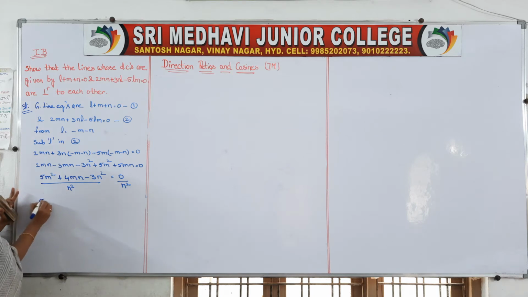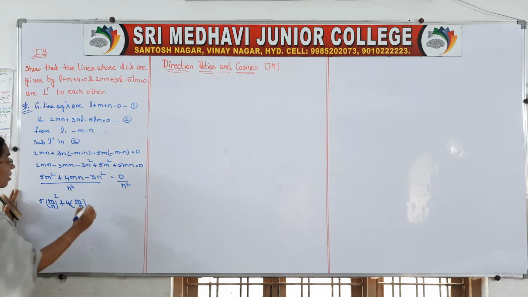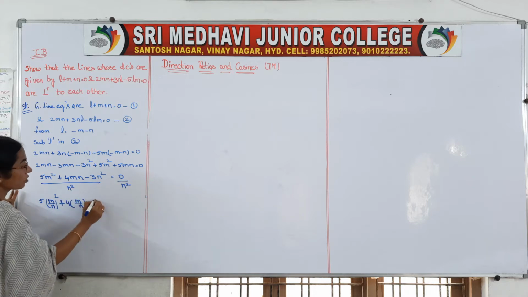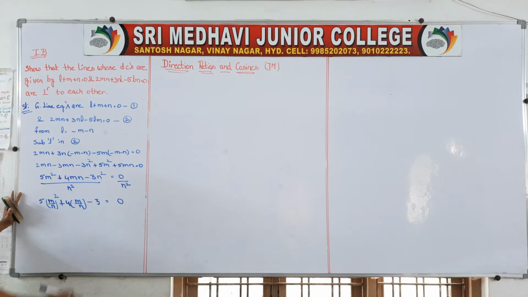How am I writing? 5 into m square by n square, both are having the square, so I will write m by n whole square. Next, plus 4mn divided by n square, one n cancels, so it will be 4 into m by n. Minus, n square cancels, minus 3 is equal to 0.